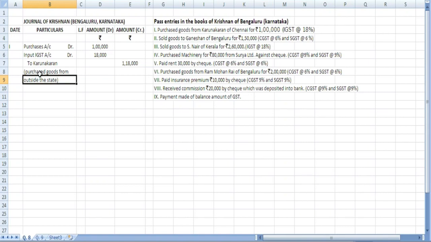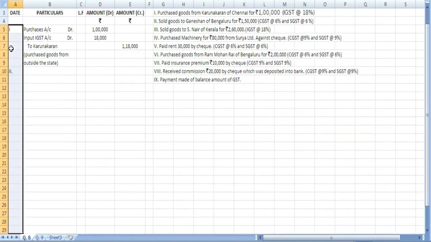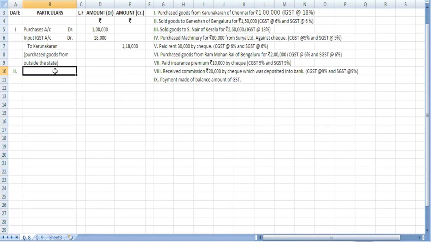Okay, next, number 2. The second one says sold goods to Ganeshan of Bangalore for 1,50,000, CGST 6% and SGST 6%.